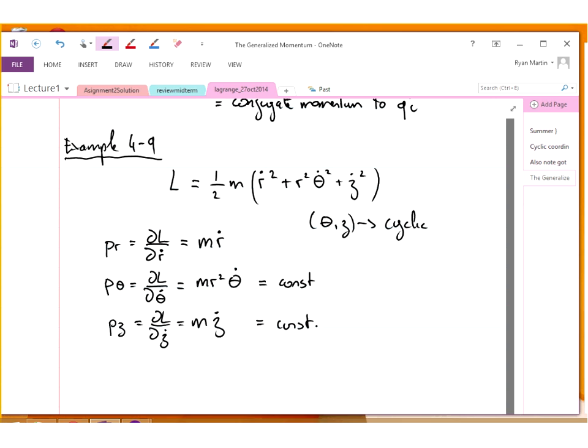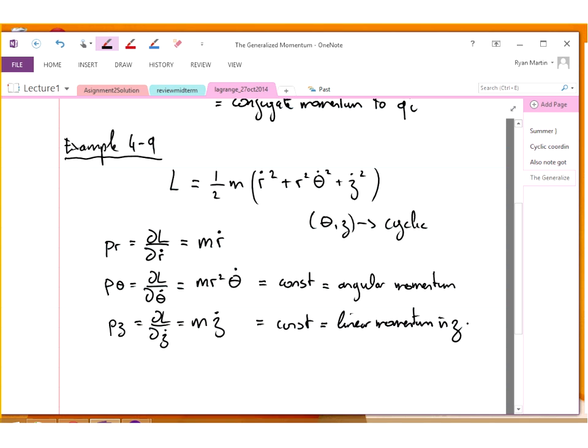It's m r squared theta dot, and so that's actually angular momentum about the z-axis, right? And p_z obviously is the linear momentum in z.